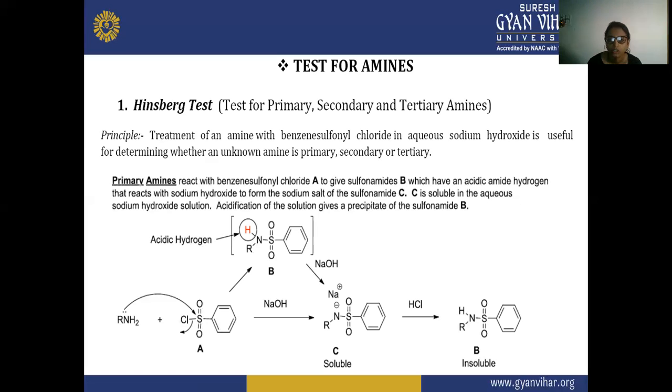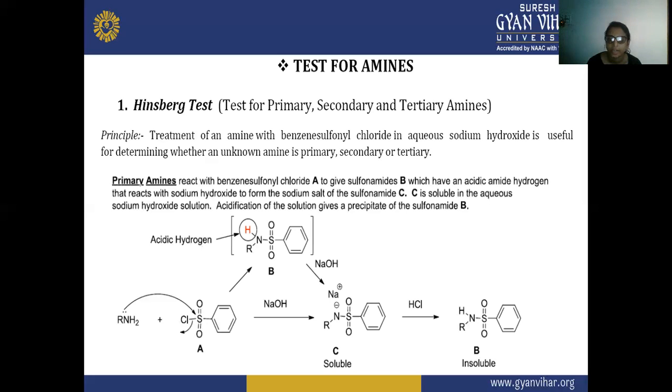The principle of this Hinsberg test is that we treat the amine with benzene sulfonyl chloride in aqueous sodium hydroxide, and then it is useful for determining whether an unknown amine is primary, secondary, or tertiary.